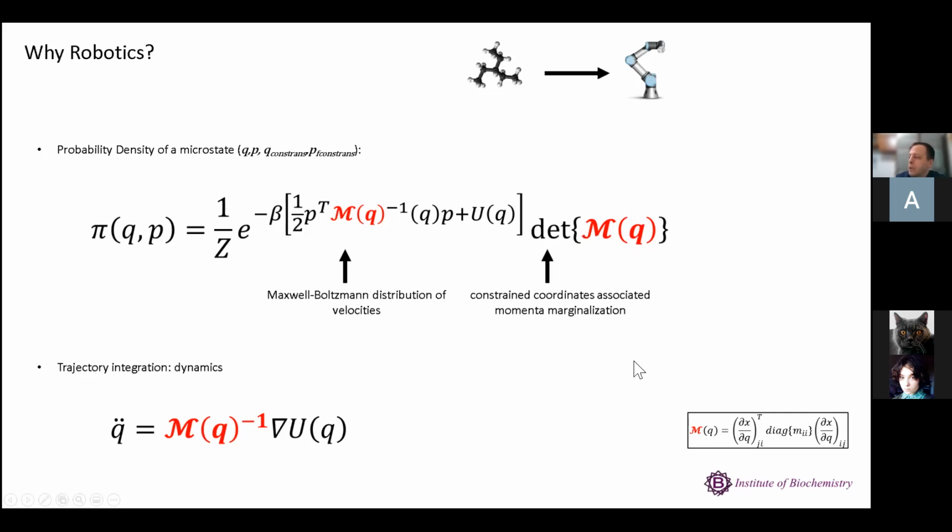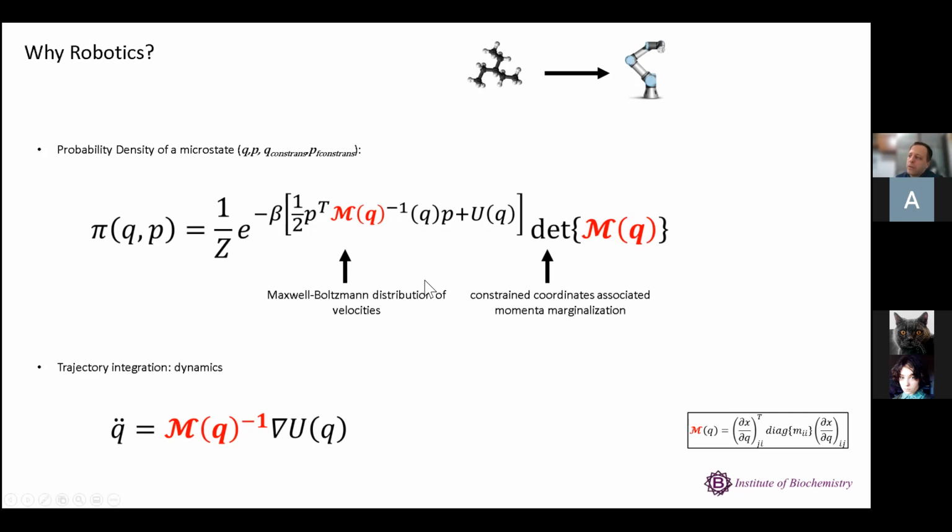The kinetic energy, as you know, is the product between the momenta and the inverse mass matrix. This is the very well-known formula for the kinetic energy. But this mass matrix, in the case of Cartesian coordinates, is very simple. It's just a diagonal matrix that has the masses on it.